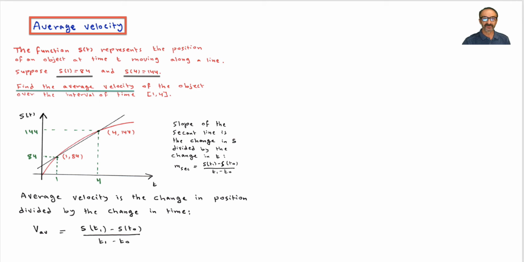So the average velocity is the change in position divided by the change in time. V average, as velocity average, is s of t1, that's 144, minus s of t0, that's 84, over t1 minus t0, which is 4 minus 1. And that's what we have.